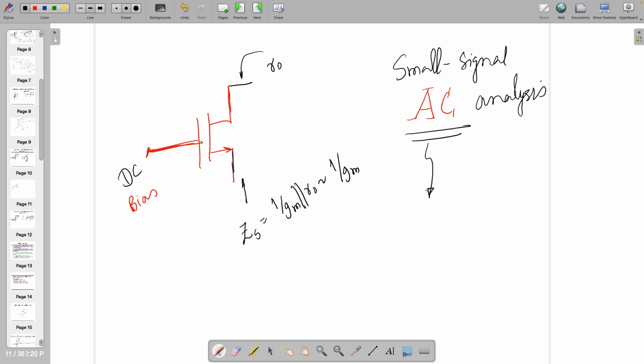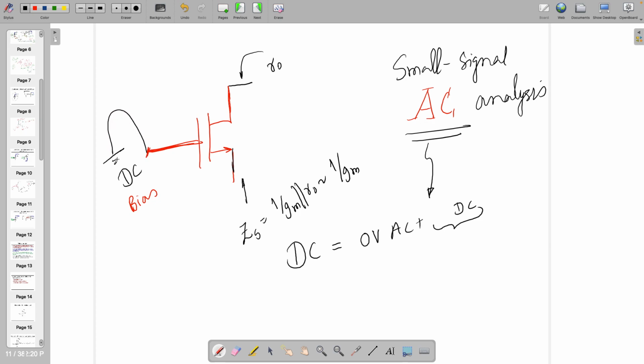Wherever you are seeing DC, it goes to 0, right? If I am applying DC, it's equal to 0 volt AC plus some DC voltage, right? That is the meaning of that. So when you are doing small signal AC analysis, wherever you see a DC potential, actually it's equal to 0.